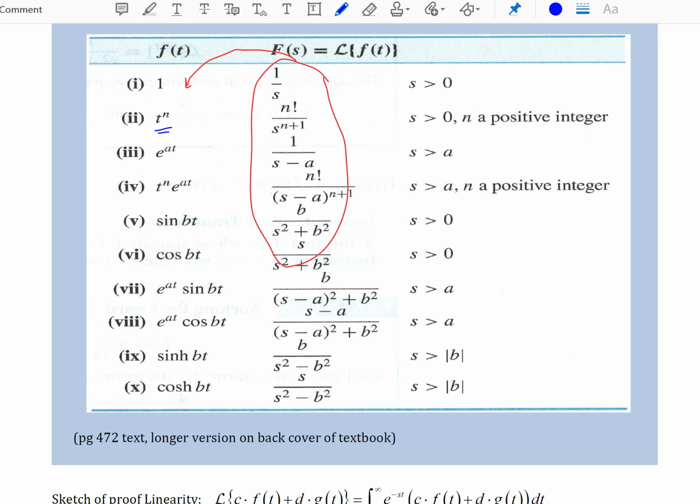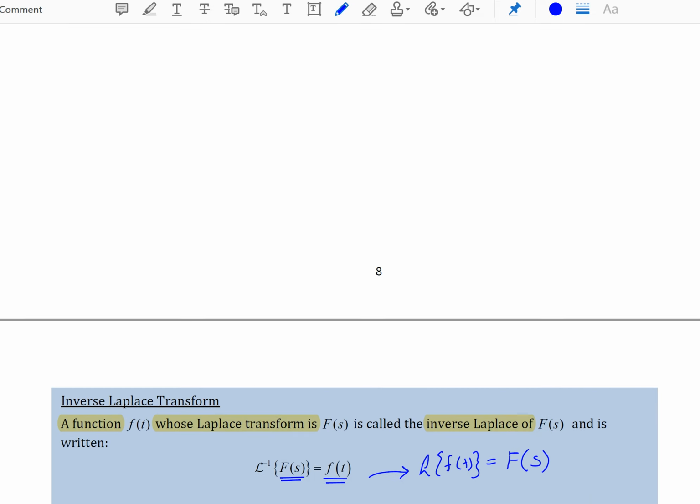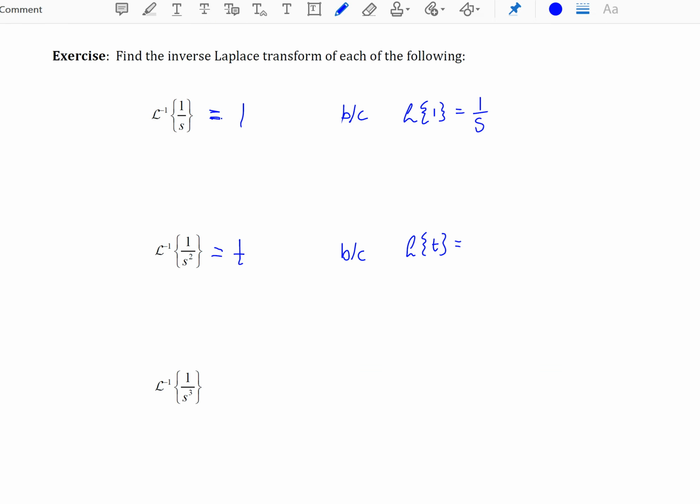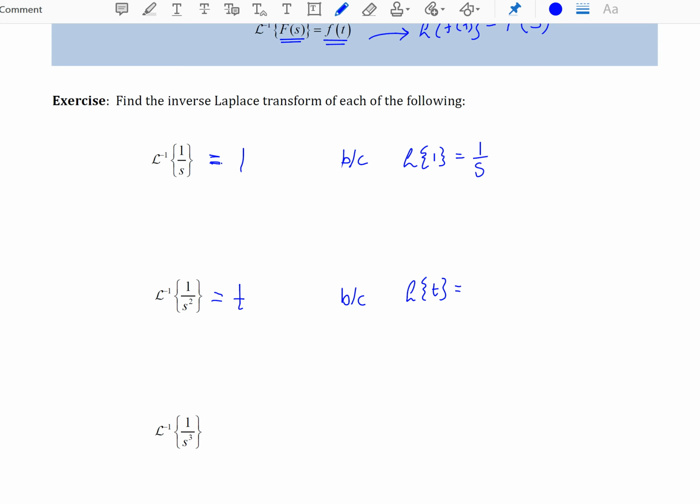So ours had an s squared. So recognizing our form, that means that n had to be a 1. So that 1 plus 1 became s squared. And if n is a 1, then 1 factorial is also just 1. So by form recognition, we want to be able to match it with our original function that we started with. So the inverse Laplace of 1 over s squared is just t because the Laplace of t is 1 over s squared.